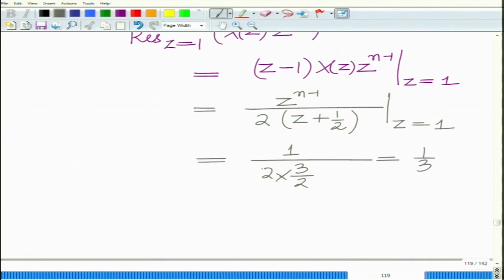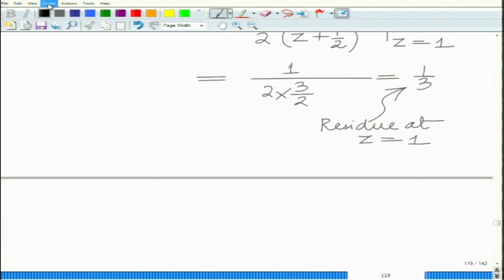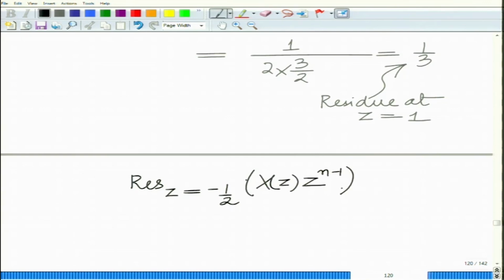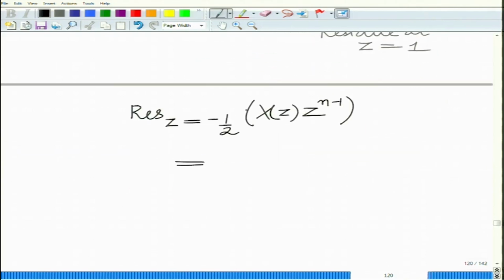So, that is basically your residue at z equal to 1. Now, let us look at the residue at z equal to minus half of X(z) into z raised to n minus 1. That is basically (z minus pi) or (z plus half) into X(z) into z raised to n minus 1 evaluated at z equal to minus half.